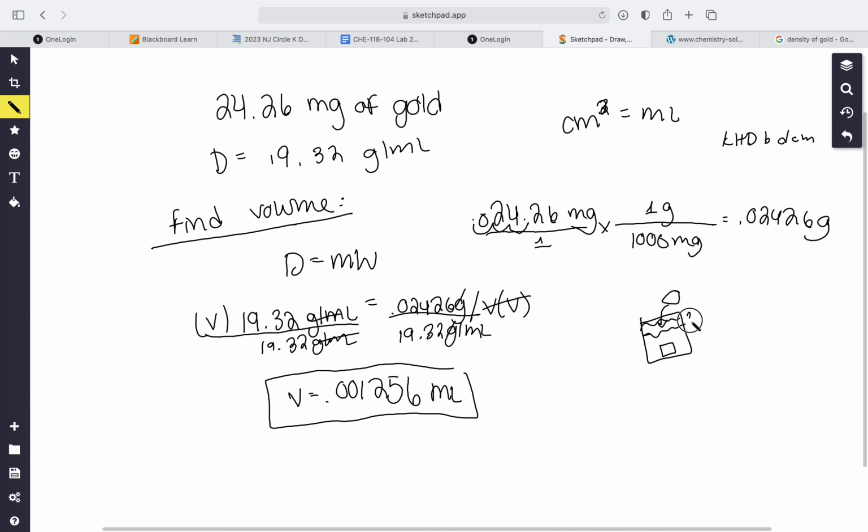The volume of that object is going to be the water final minus the water initial. That'll give you the change in the volume of the water, which is equal to the volume of the solid. So just keep that in mind when you're doing your calculations. There might be one where you put this in this, and you have to find the density due to this. So just keep that in mind as you're going through these.